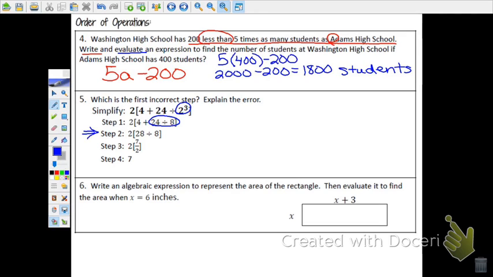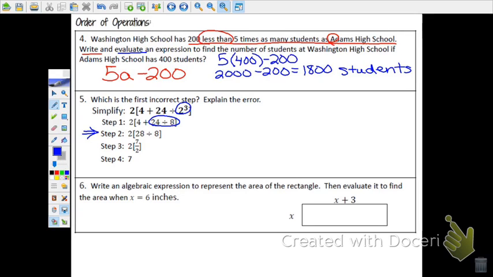Okay, so step 2 is incorrect because they added instead of divided. We have to do that multiplication or division before we do the addition or subtraction. So because of that, we came up with the wrong answer.